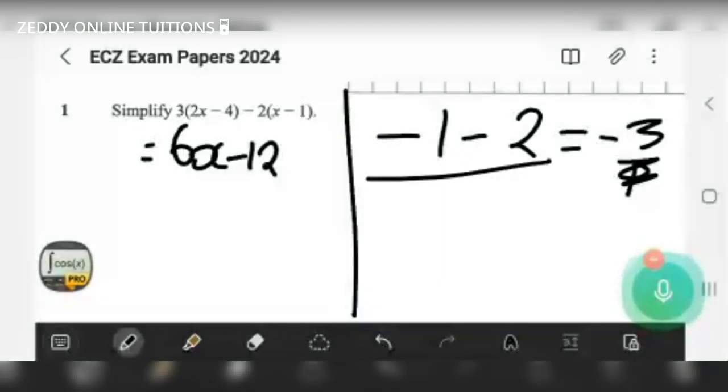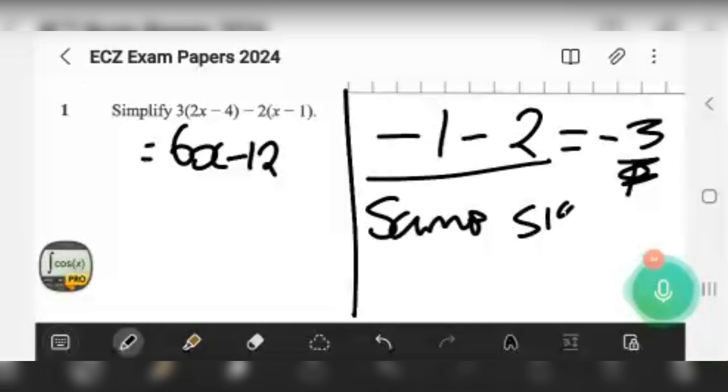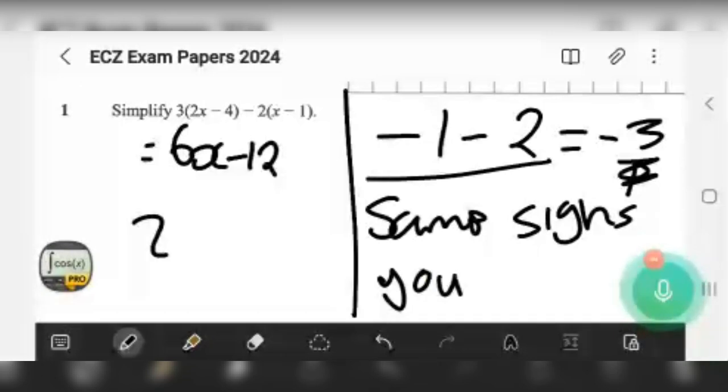Same signs, you do what? Same signs, you add, and get the sign from the bigger number. So this is the same as 2 plus 1. Just add those numbers and check the sign which is on the bigger number. The bigger number here is 2.